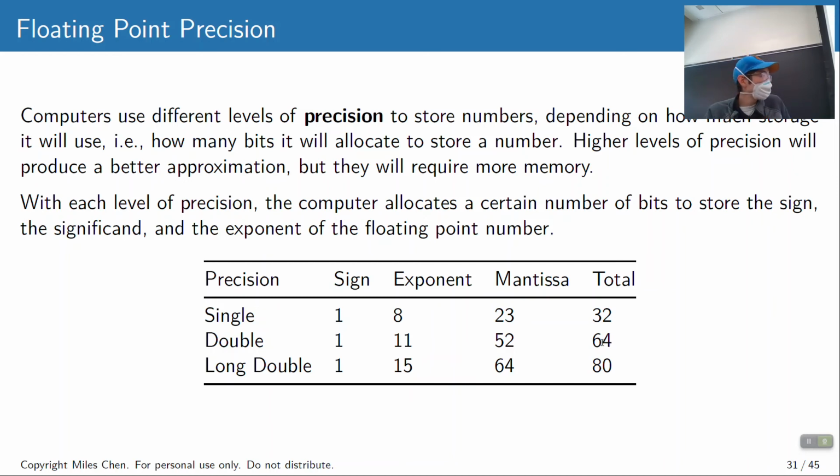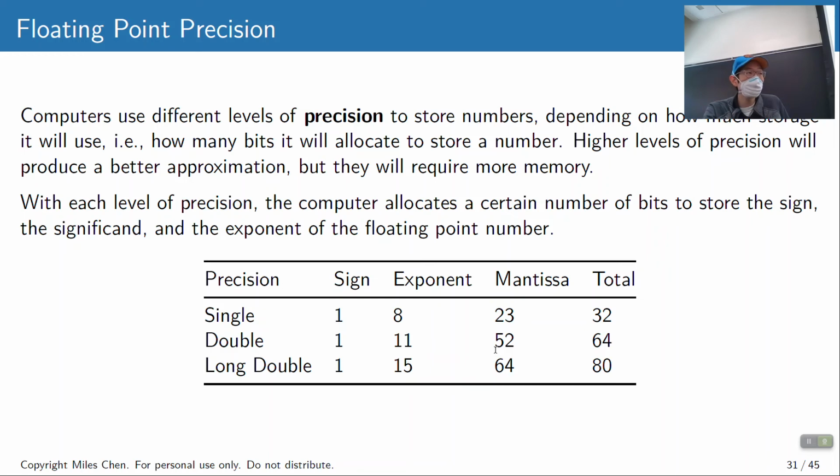With older computers where memory wasn't as abundant, we might have used only 32 bits to store some of the numbers. So in double precision, we have 1 bit for the sign to tell if it's positive or negative, 11 bits for the exponent, and 52 bits for the mantissa.